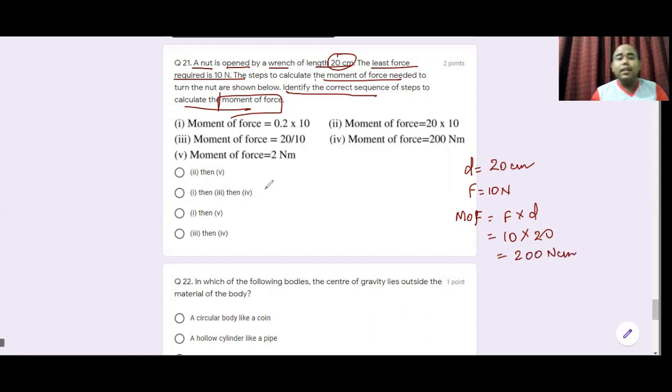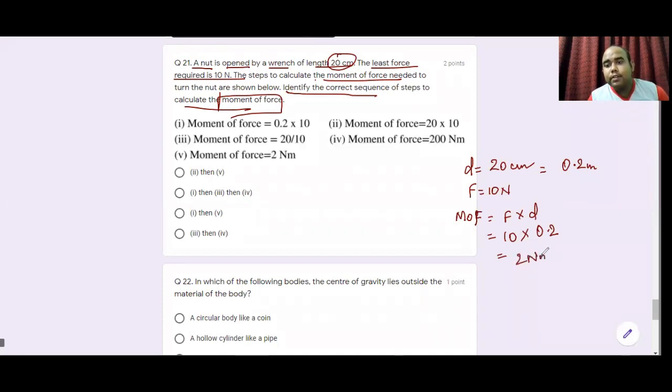But if you see the options over here, it has Newton meter given. That means they have converted this centimeter into meter. So we will also do that. When we convert centimeter into meter, it will be 0.2 meters. And hence I will be putting over here 0.2 meters, and hence our answer will be 2 Newton meter.